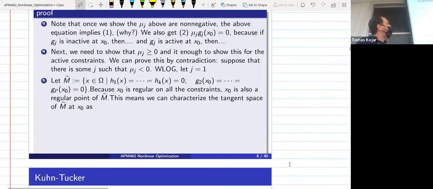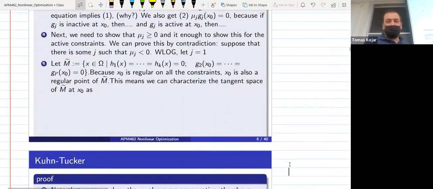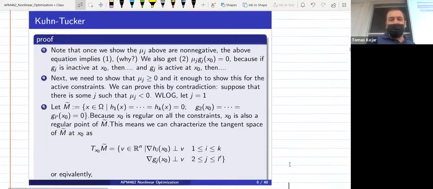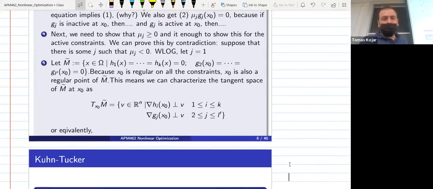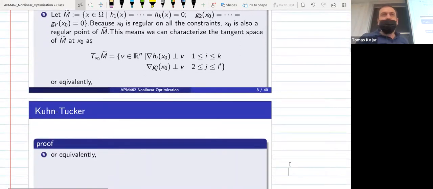And remember, we had this trick that a tangent vector can be thought of as the guy who's normal to the gradients. Okay, is that okay?